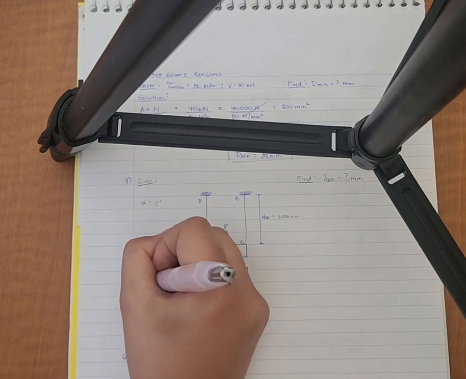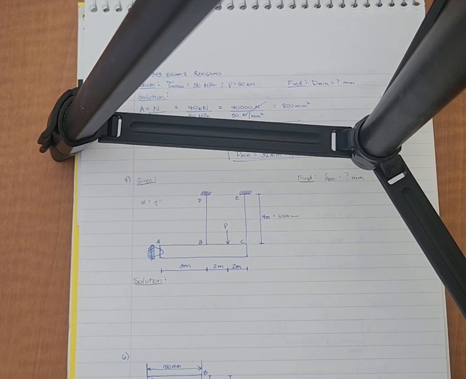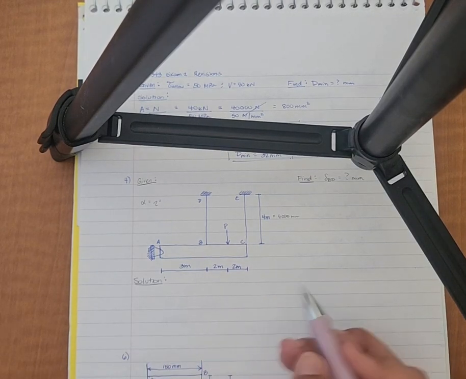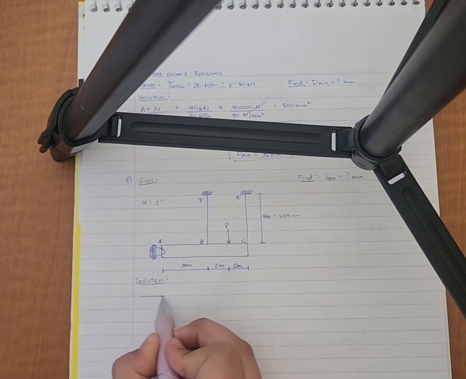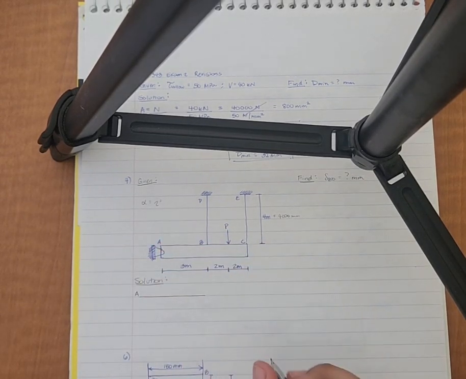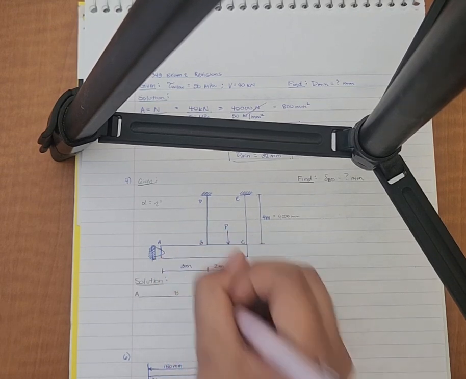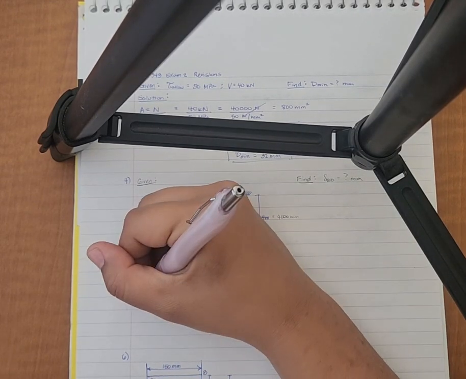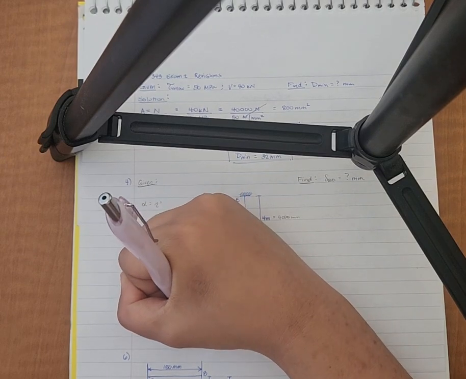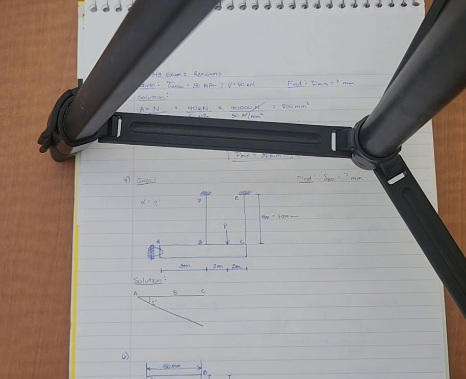So moving on to the solution. Let's draw out a little diagram. So this is A, this is C, and then about here is B. And we have this angle, which they give us is 2 degrees.